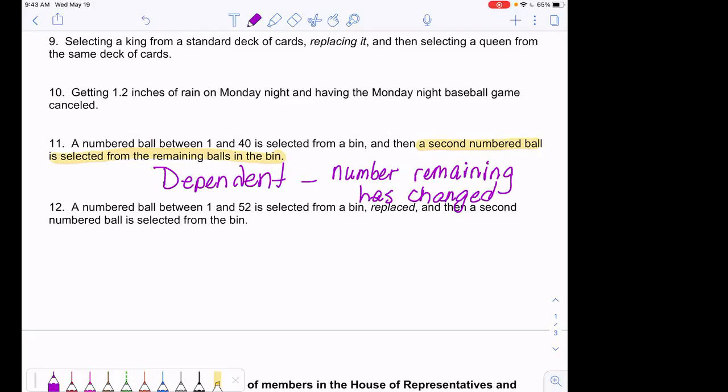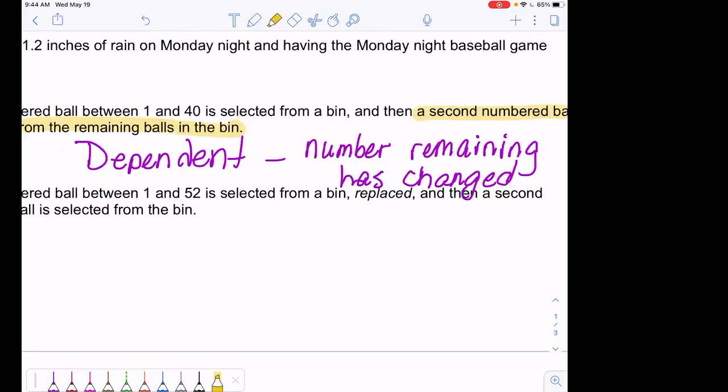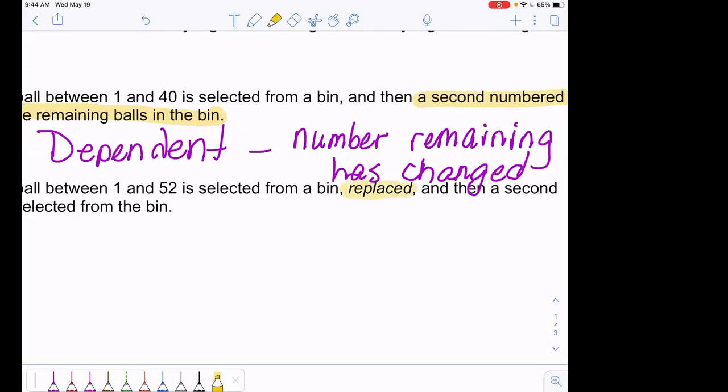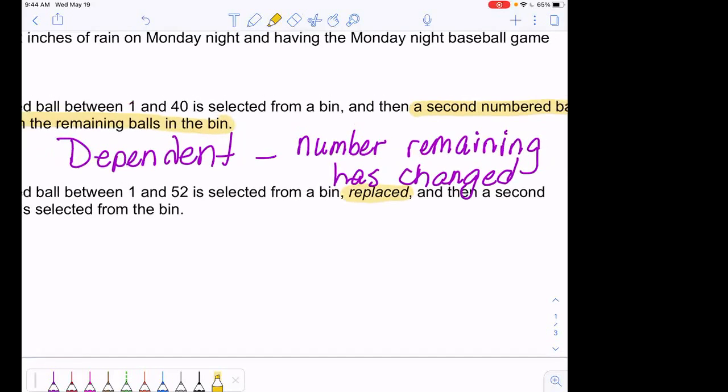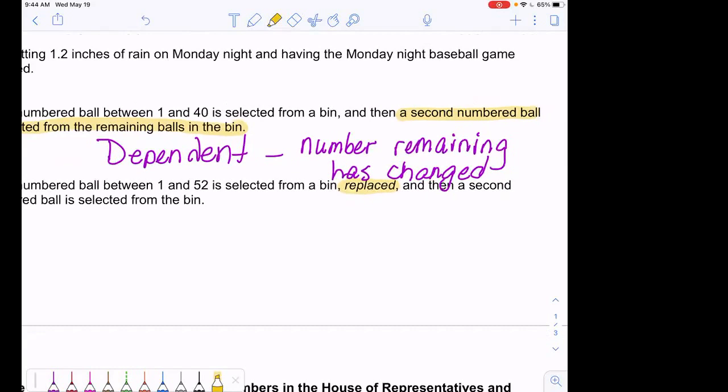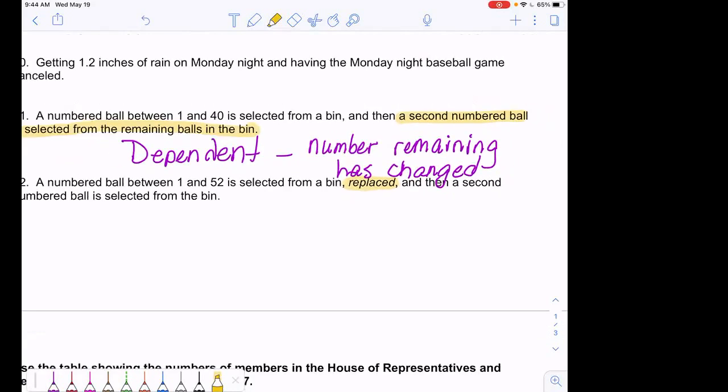Number 12 is very similar, except now we have numbers 1 to 52. This one says a numbered ball from 1 to 52 is selected from the bin, but then there's a key word. It says it has been replaced. So we're not playing bingo if it's replaced. So the ball was replaced and then a second numbered ball is selected from the bin.